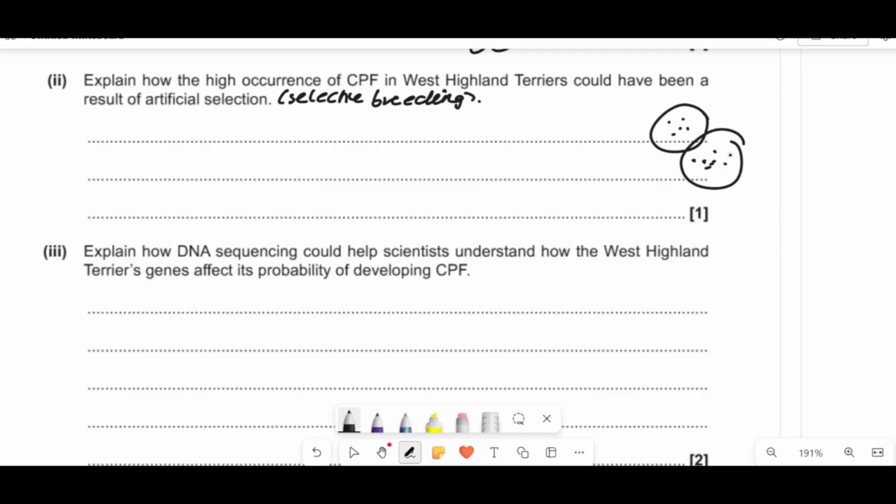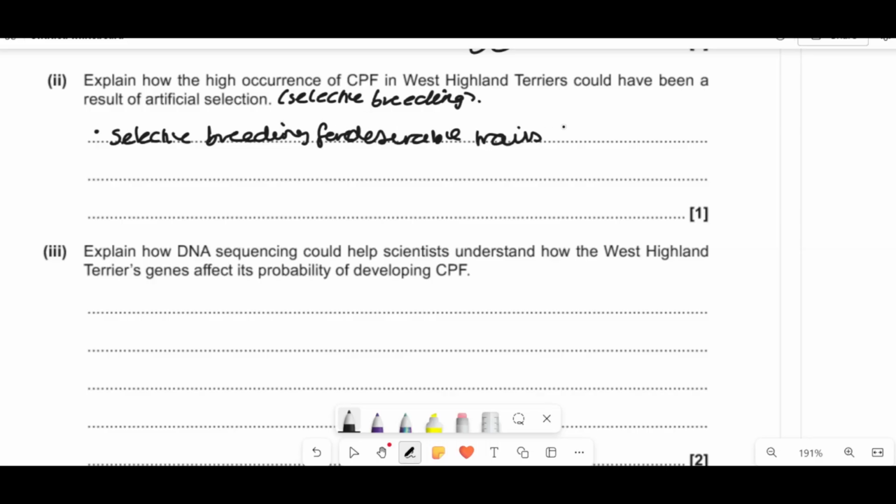But in the same way, because we're also reducing the genetic diversity, things like recessive alleles are more likely to be present. They're more likely to be expressed because you're now making these things inbreed with each other and you've got a smaller gene pool, a smaller supply of alleles. So in this case, what they must have done is that this selective breeding for desirable traits has reduced genetic diversity.